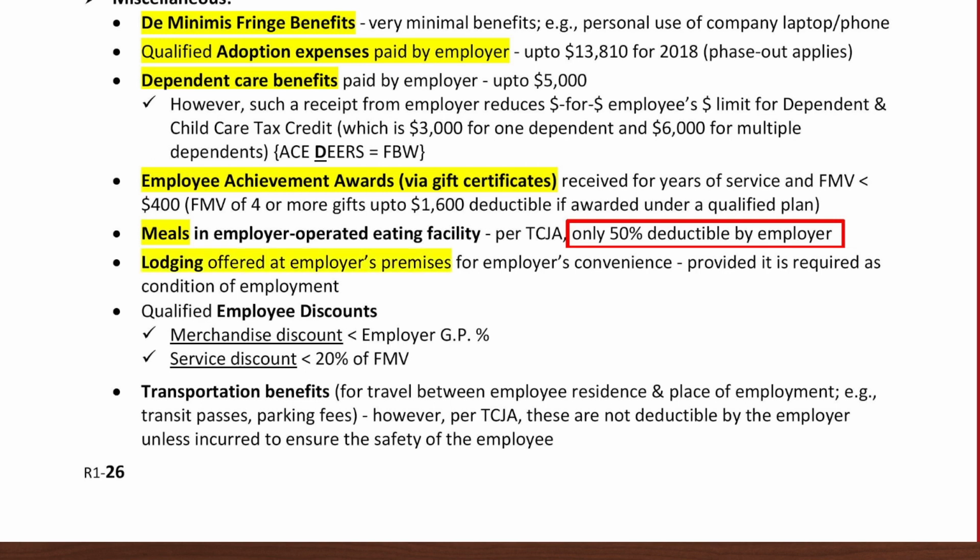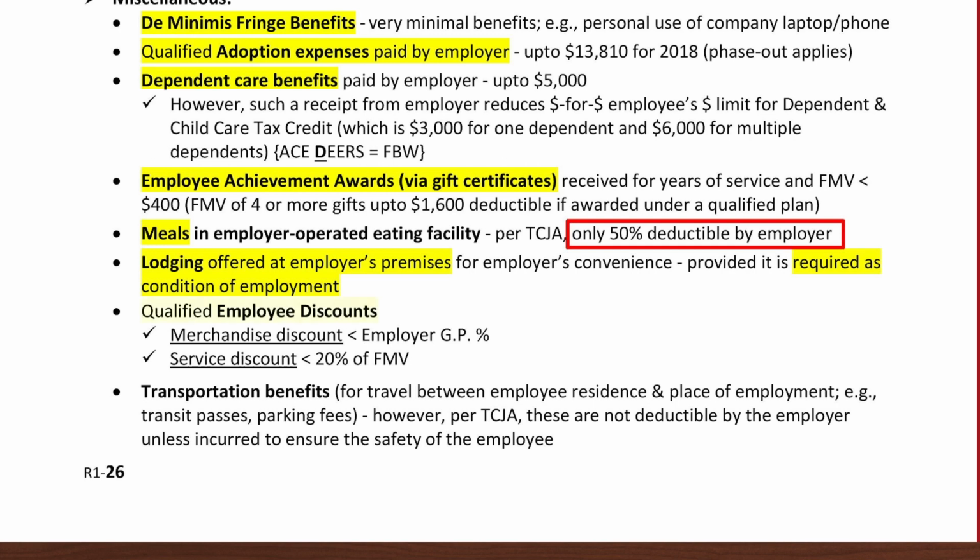Lodging offered at employer's premises for employer's convenience is non-taxable to the employee provided it is required as a condition of employment. Think of a security guard who's staying in at the employer's premises for employer's convenience. The lodging provided to the guard is a non-taxable fringe benefit because it's required as a condition of employment.